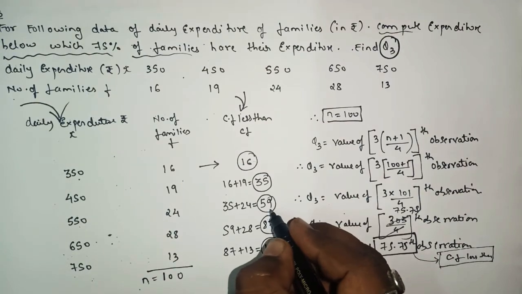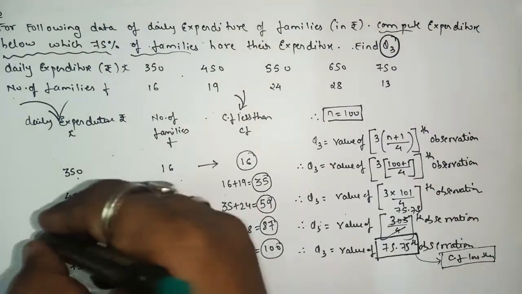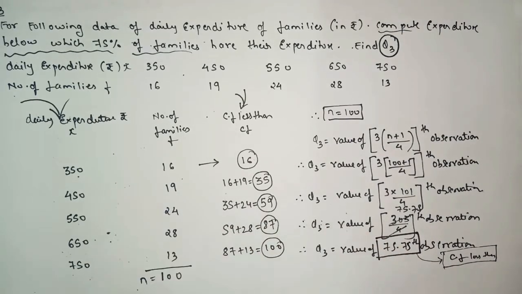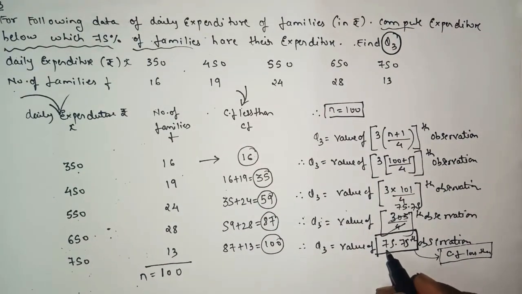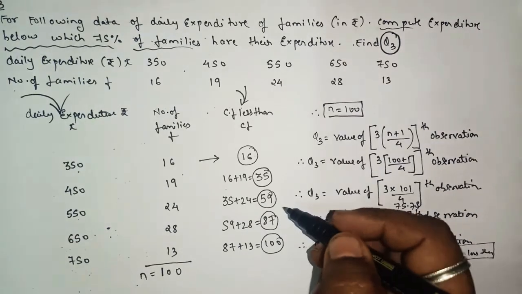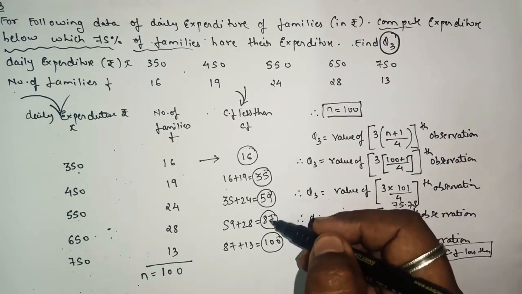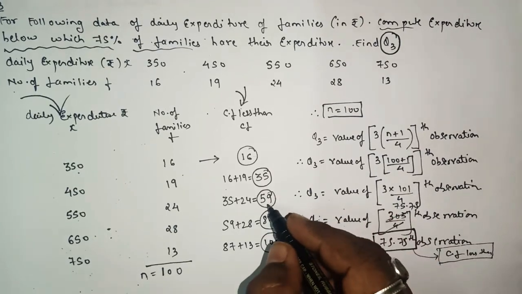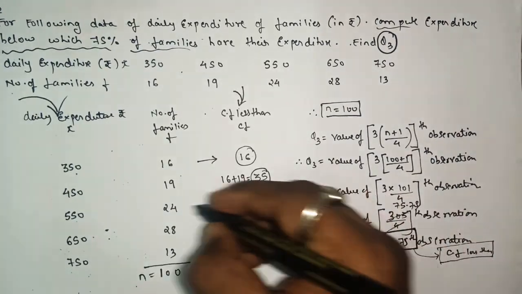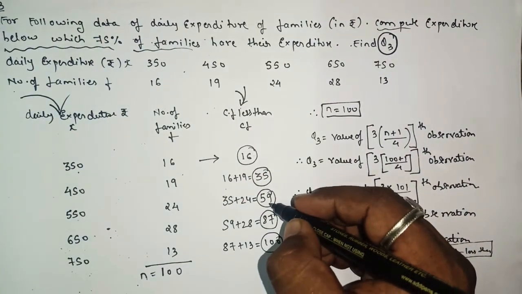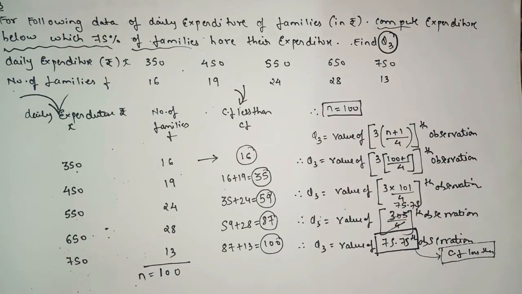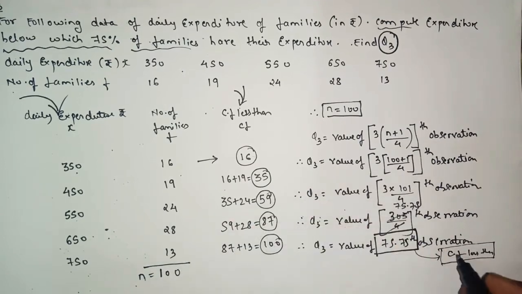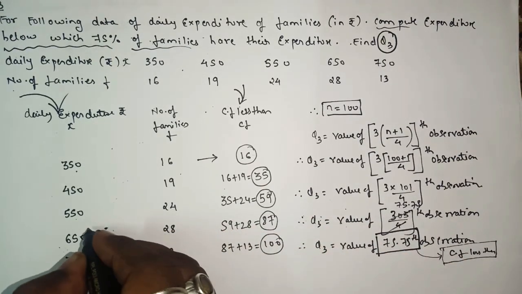So from 60 to 87 it will lie in the fourth row. So can I say where 75.75 lies? Not between these two actually, because the third row ends at 59. So from 60 to 87 it will lie in the fourth row.